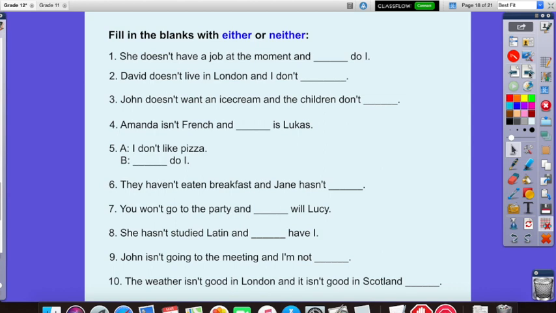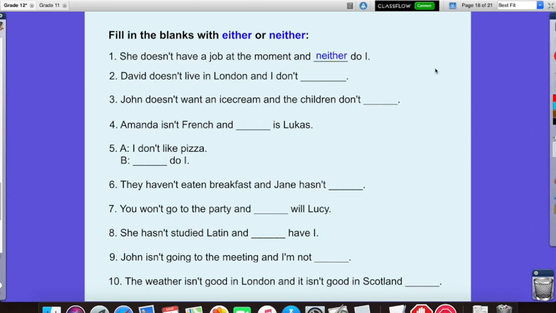And the answer to the first sentence is, she doesn't have a job at the moment and neither do I. Second sentence. The correct answer is, David doesn't live in London and I don't either. Third sentence.